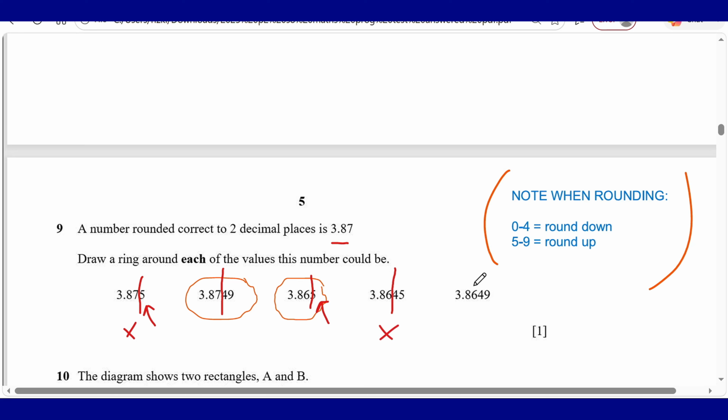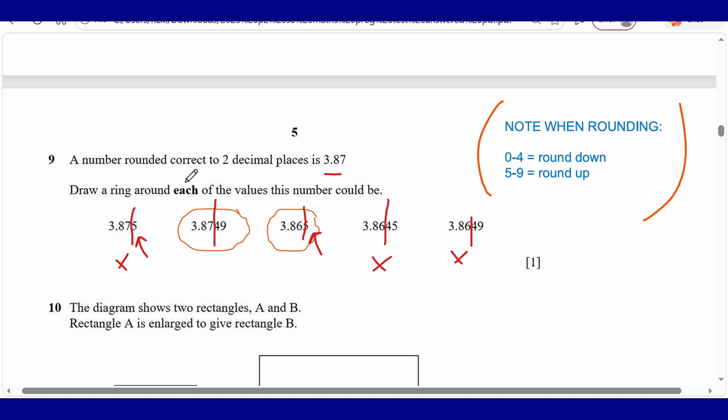While 3.86, again we make a border after 2 dp, and the next digit is 4, so we round to 3.86, so it's not 3.87. So guys, for number 9 we have only 2 answers that we draw a ring around.